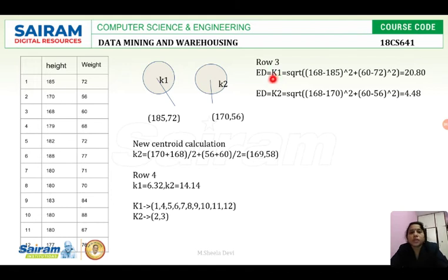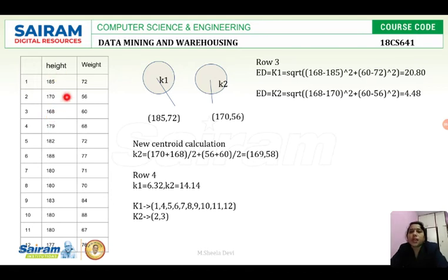The Euclidean distance formula is the square root of (x1 minus x2) whole squared plus (y1 minus y2) whole squared. I have to find where I can place this third point, so I am taking this as x1 and this as x2.